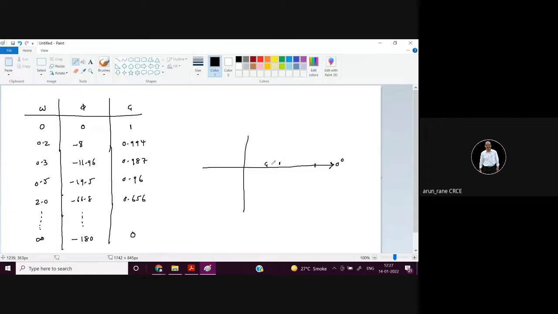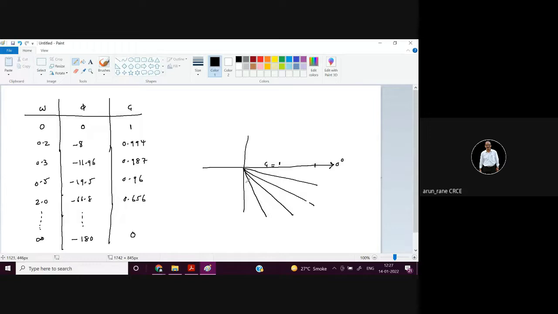Then I will draw a line for phi minus 8, minus 11.96, minus 19.5, minus 66.8 and minus 180.